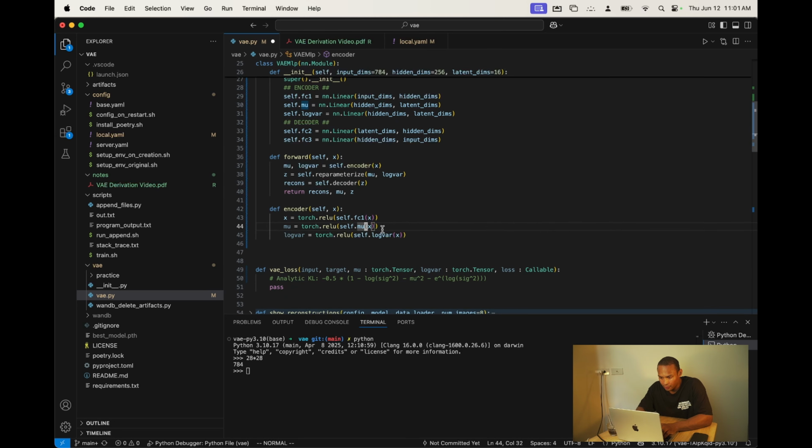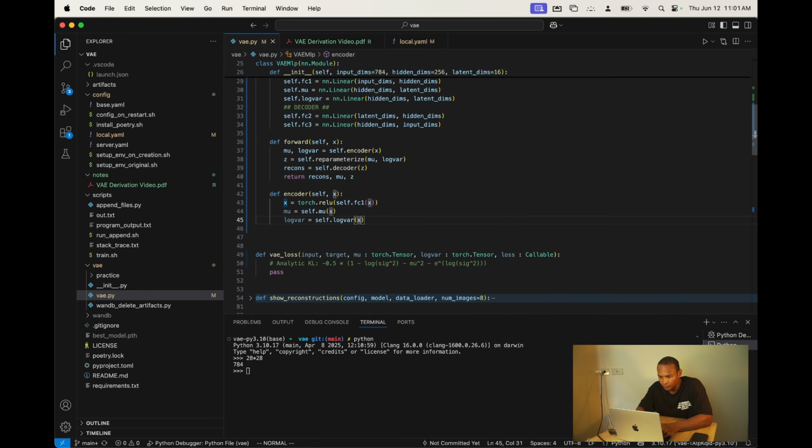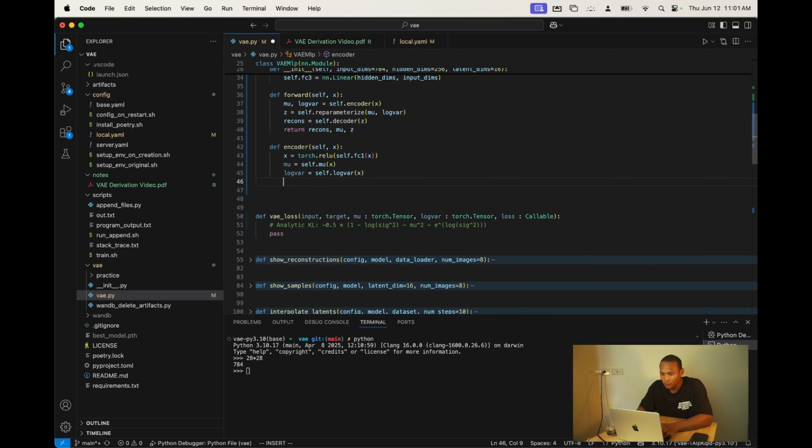So this, wait, we don't need nonlinearity. We just want to take the raw logits. Pretty sure that's that. Actually, so yeah, let's run summary.